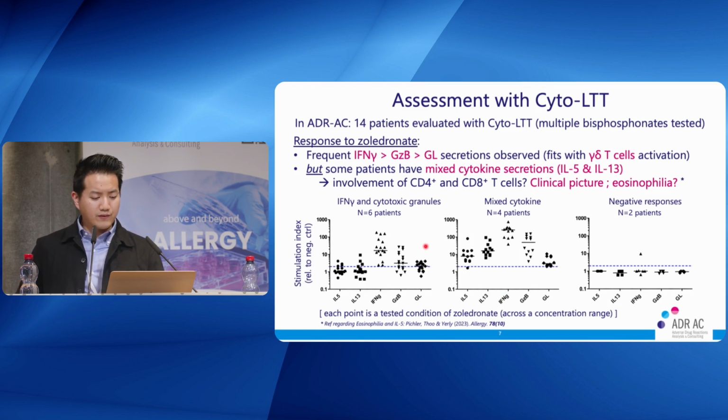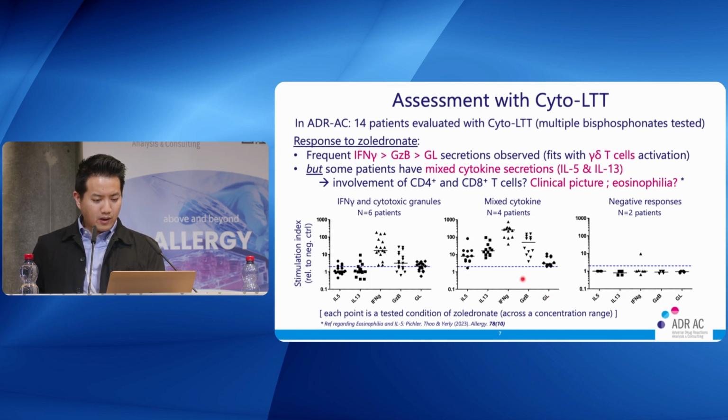And this one, with the high interferon gamma, granzyme B, may indeed be more reflective of the gamma delta T cells that are activated. And we need to better understand the clinical picture of these patients here versus these patients. If these ones here mostly had really exanthems, and if these ones here had some eosinophilia and other potential other organ involvement.